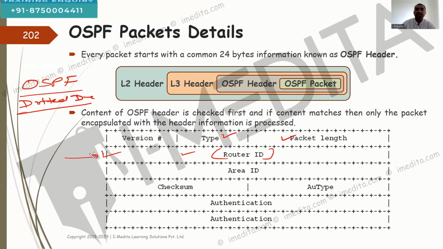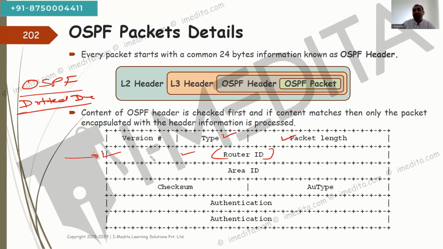If I have 10 or 20 routers participating in the OSPF domain, we just have to make sure that all of them use unique router IDs. You should not configure common router IDs onto multiple routers, otherwise there will be a problem related to routing. If the router ID is common on two directly connected routers, they cannot build the OSPF neighborship, and the neighborship will not come up between them.